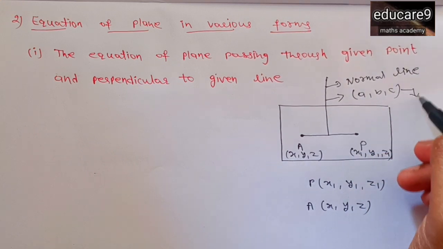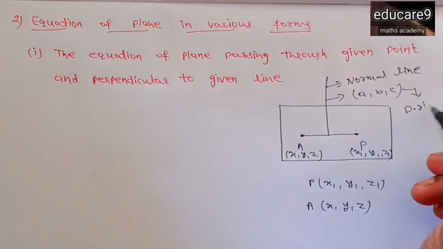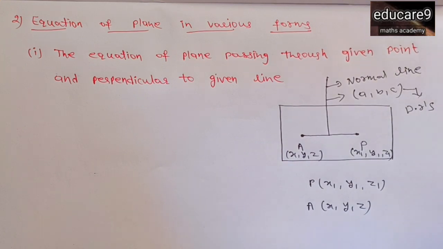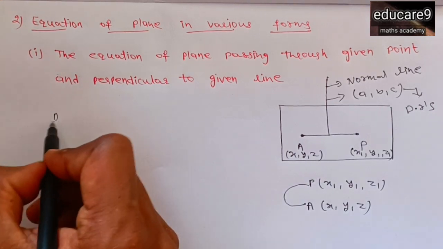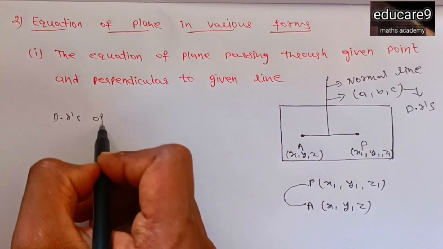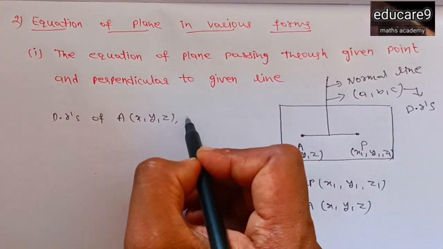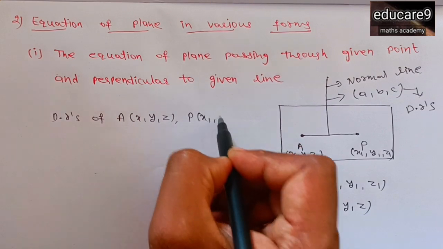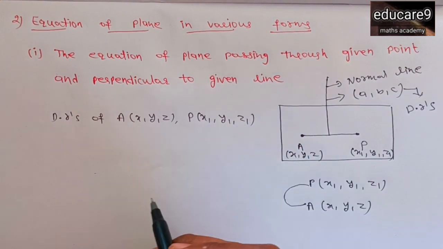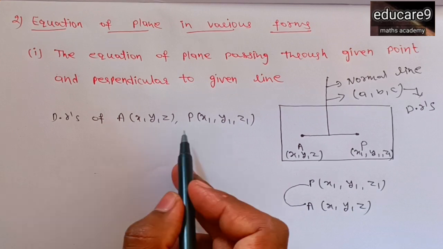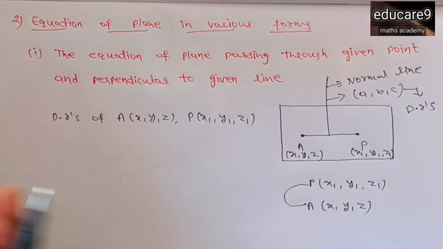These are the DRs, direction ratios. And we have to find the direction ratios of AP. We know the direction ratios of 2 points are x2 minus x1, y2 minus y1, z2 minus z1.